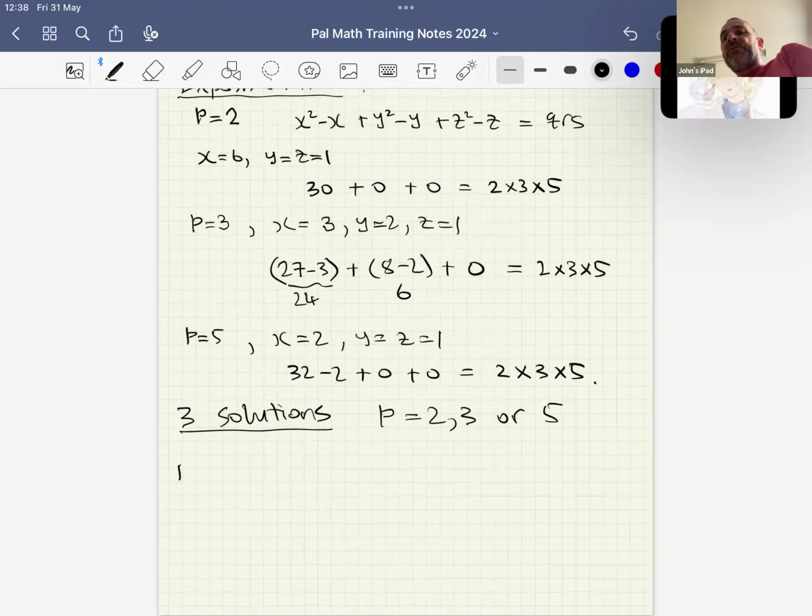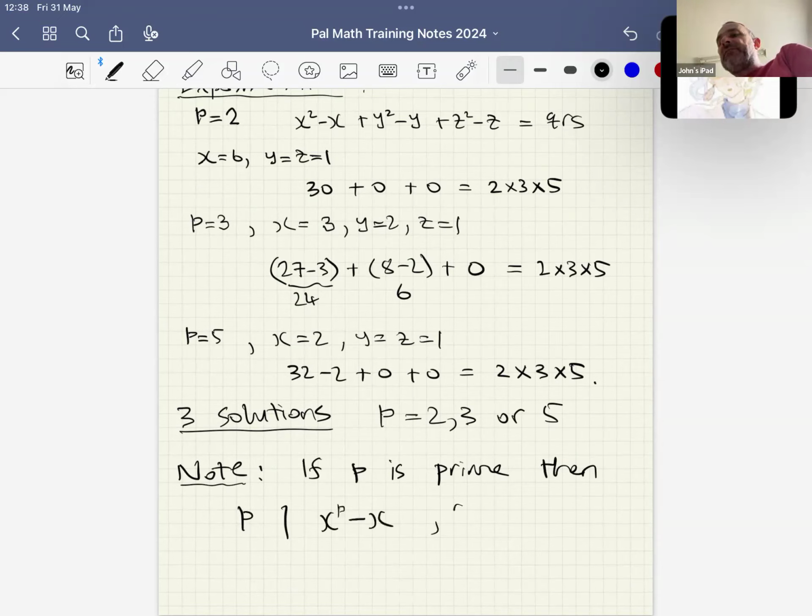We have the following important fact, which is completely non-elementary. It says the following: if p is prime, then p divides x to the p minus x for all integers x.